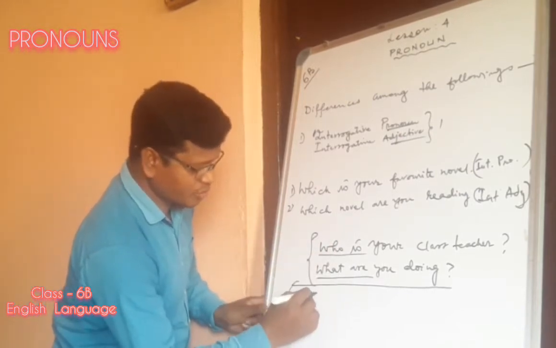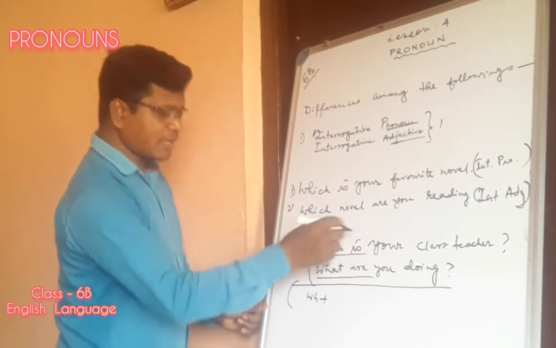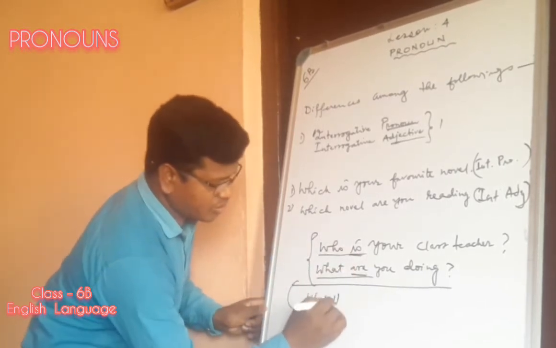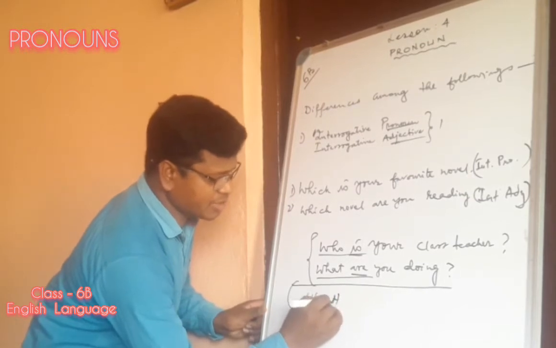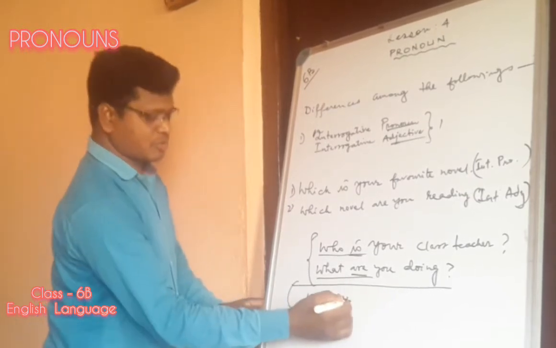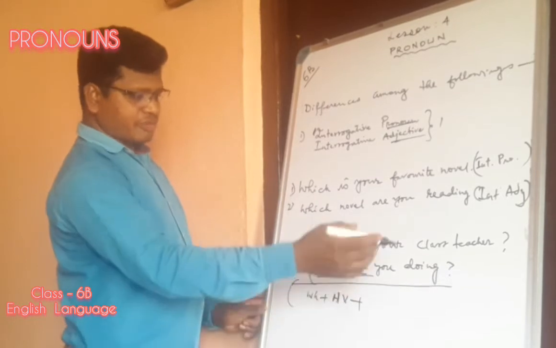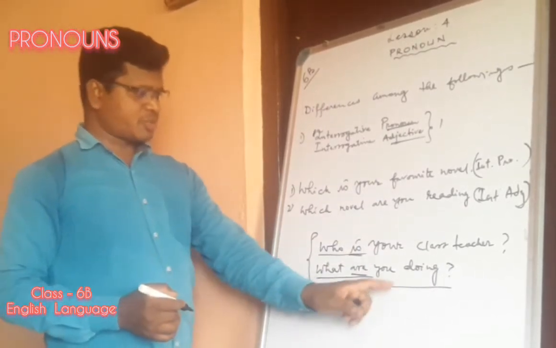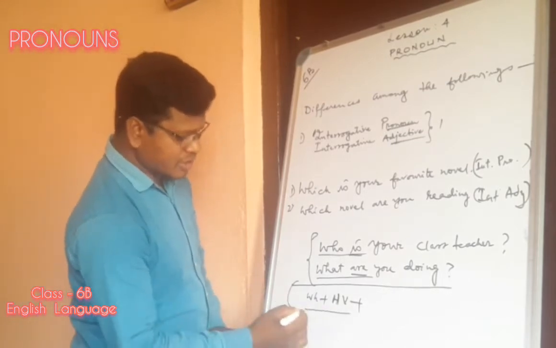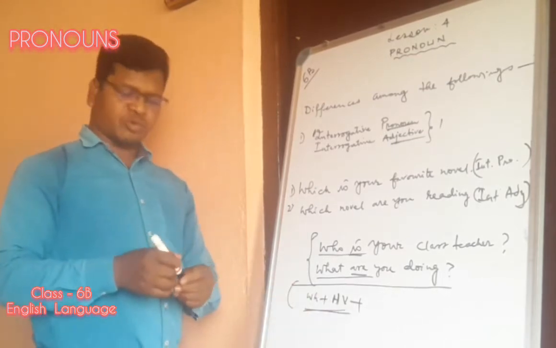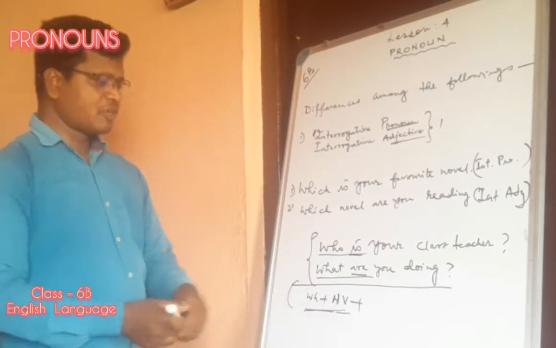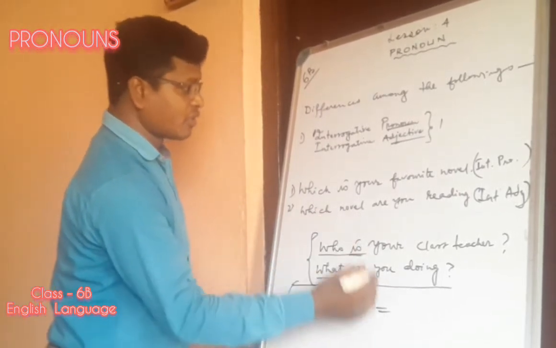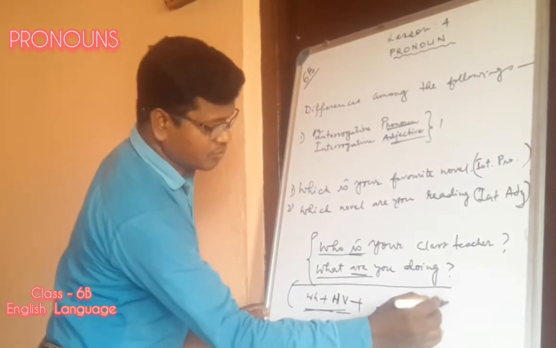There will be WH words, then is, are, which are known as HV, helping verbs, then the rest of the things that come. So remember all these things: if in the beginning you get WH words plus a helping verb, then certainly this will be an example of interrogative pronoun.